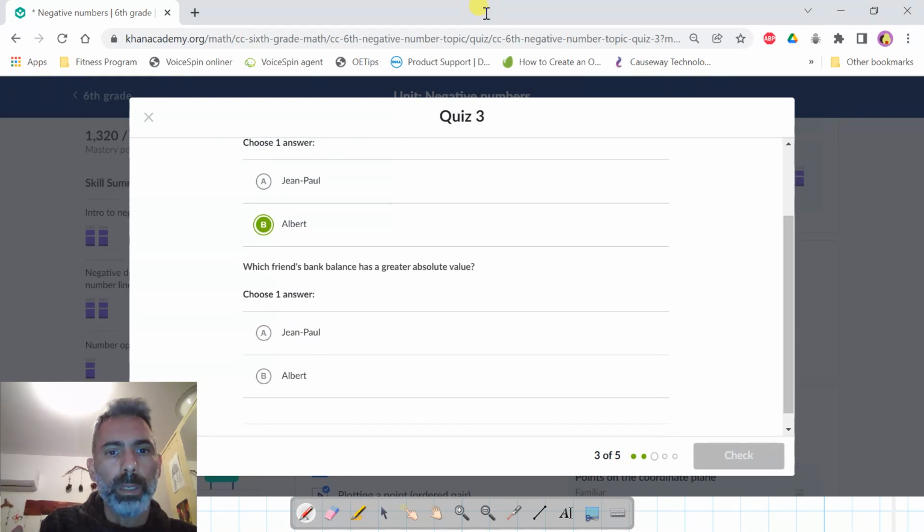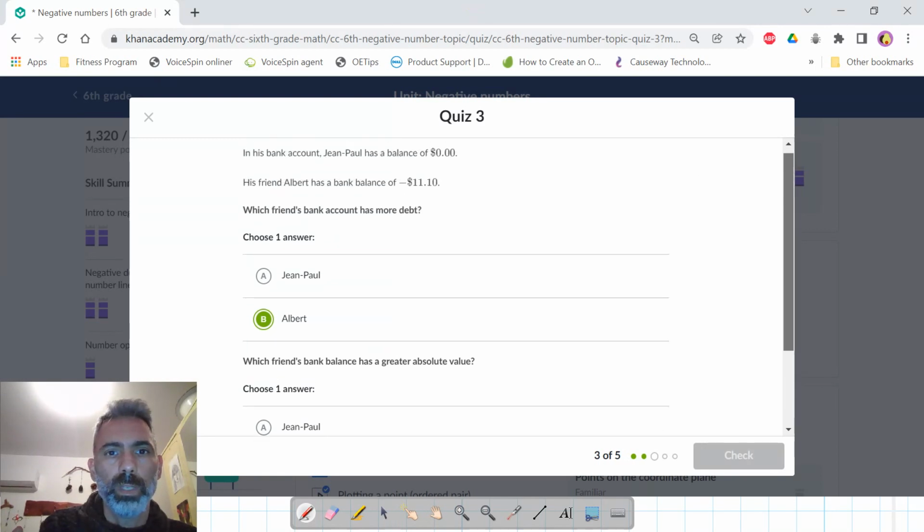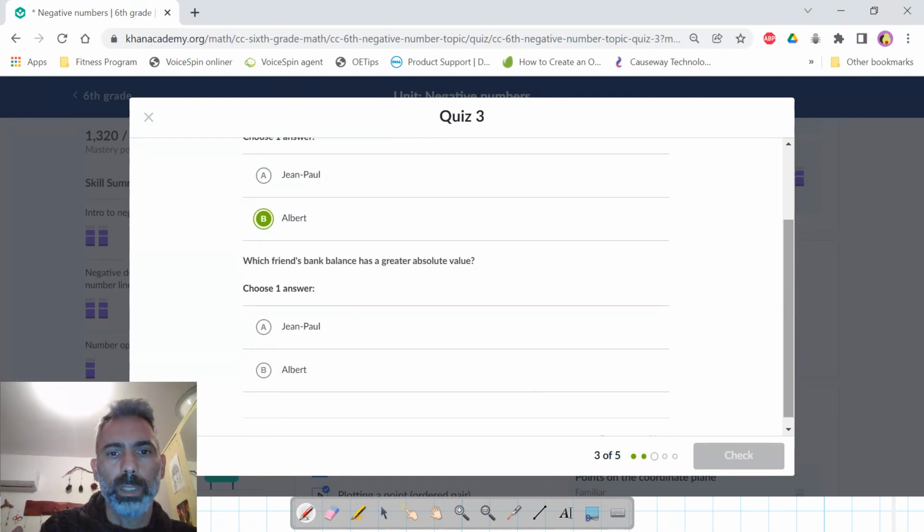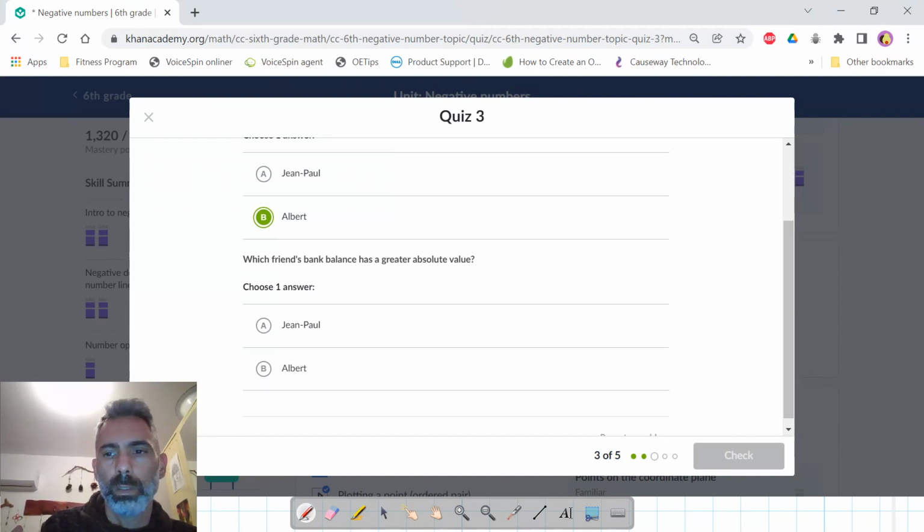Which friend's bank balance has a greater absolute value? So the absolute value of Albert's bank account is 11.10 because the absolute value of negative 11.10 is 11.10. So Albert's bank balance has a greater absolute value than Jean-Paul's.